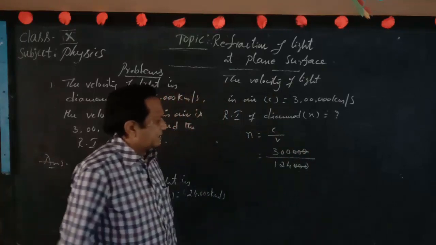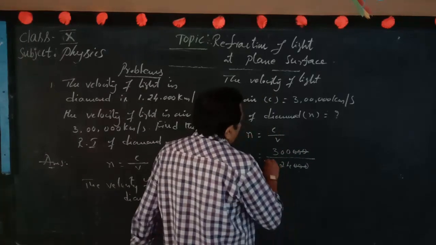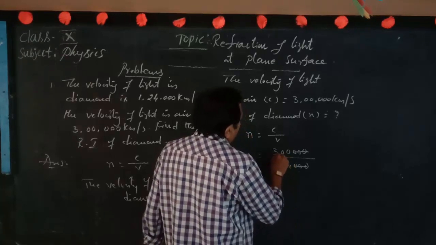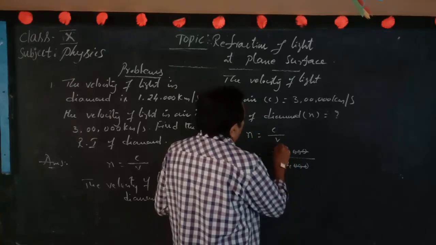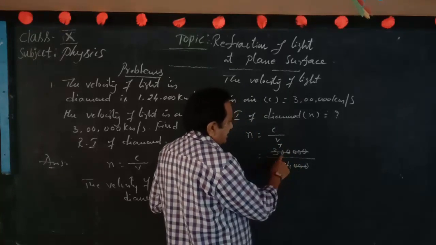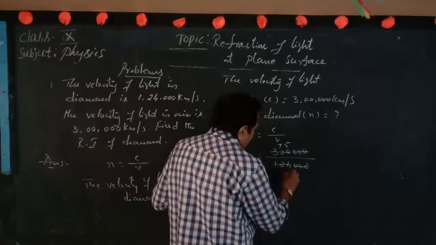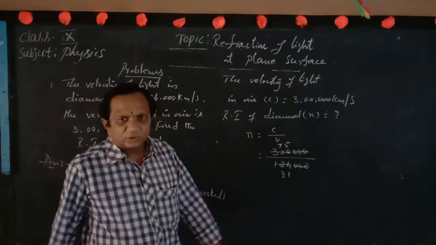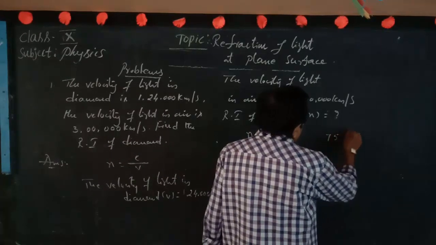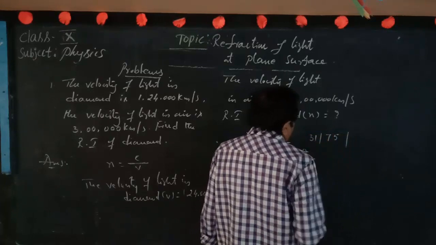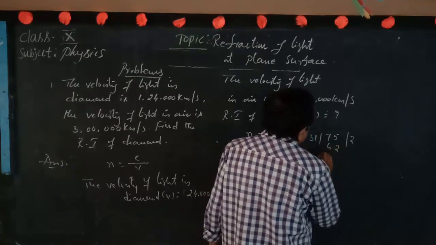3 zeros get cancelled. Now, multiply by 4: 4 sevens are 28, 4 fives are 20, 4 threes are 12, 4 ones are 4. So 75 divided by 31. There is no cancellation, so divide 75 by 31. 2 ones are 2, 2 threes are 6.